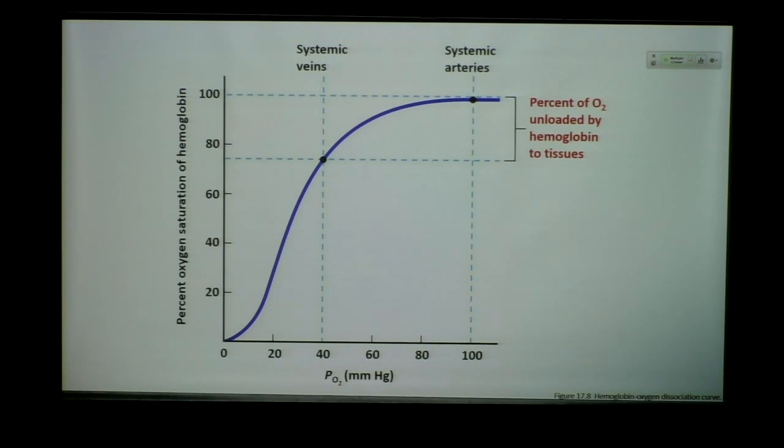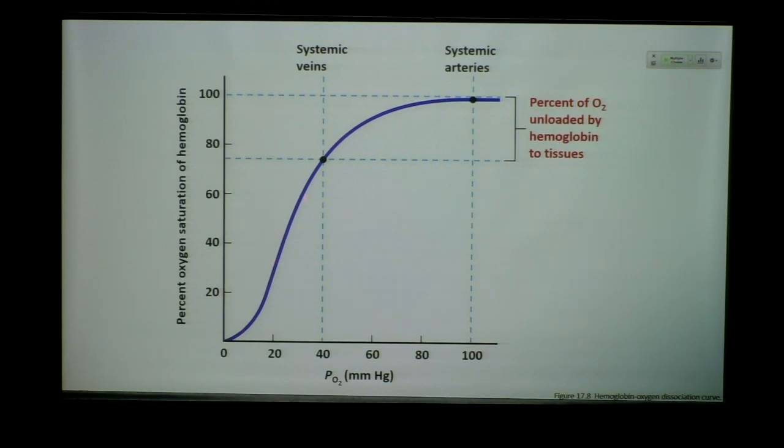And then if we look at the way that this curve behaves, it's not a direct or a linear relationship. It's actually more of a sigmoidal curve. And that's because when we bind 1 oxygen, so about 25%, because we know 1 out of that 4 is 25% saturation, we automatically have this conformational change in hemoglobin such that it increases its attraction for oxygen.